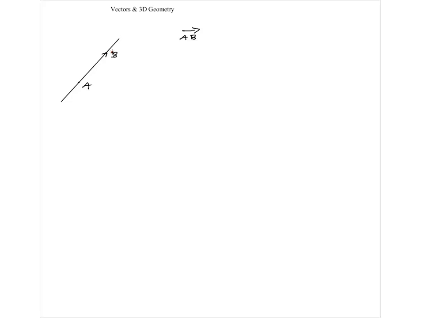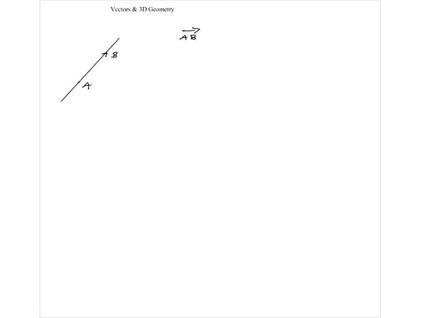We say that two vectors are equal if their magnitudes are the same, that is, the length. Now this line is called the support. So for equality of two vectors, length is the same, and the support can be the same also.